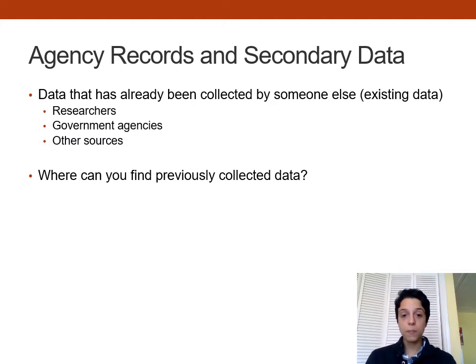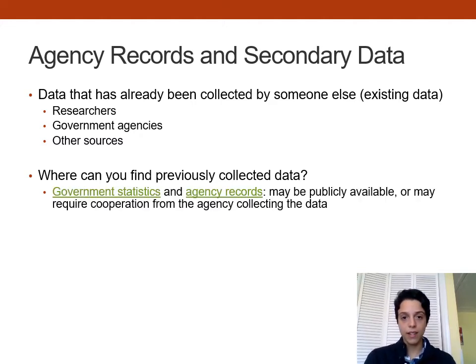And there are several places you can find previously collected data. A big one is government statistics and agency records. If you look on a lot of government websites, you can find statistics that are compiled by different government agencies, and many of them you can just download onto your computer and you have that data.